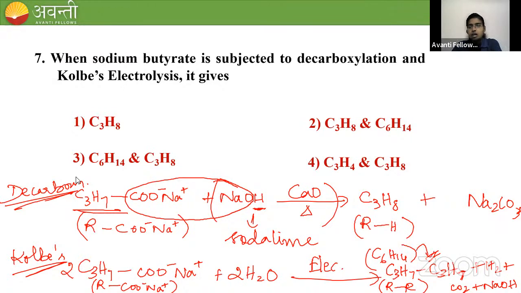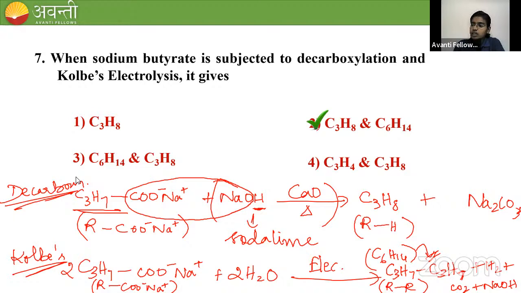So this is the product from Kolbe's electrolysis. So sodium butyrate gives C3H8 and C6H14 with Kolbe's. It is given in option 2. So option 2 is the correct answer for this question. Got it?